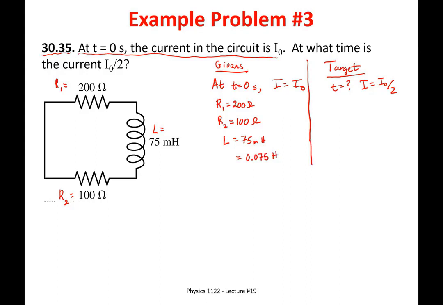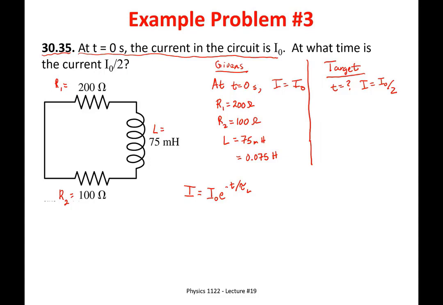And with this information and knowing the behavior for the current falling in the circuit, which is that I is equal to I naught e to the negative t over tau sub L, we can solve for the question, which is to figure out at what time will the current have fallen to half of its initial value.